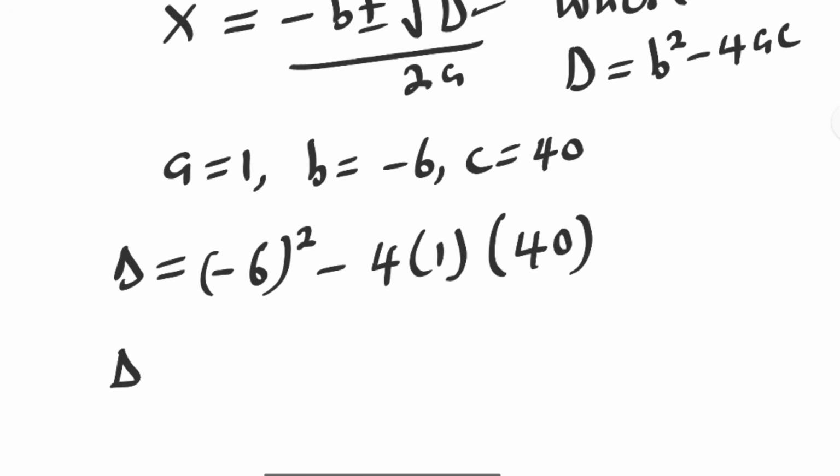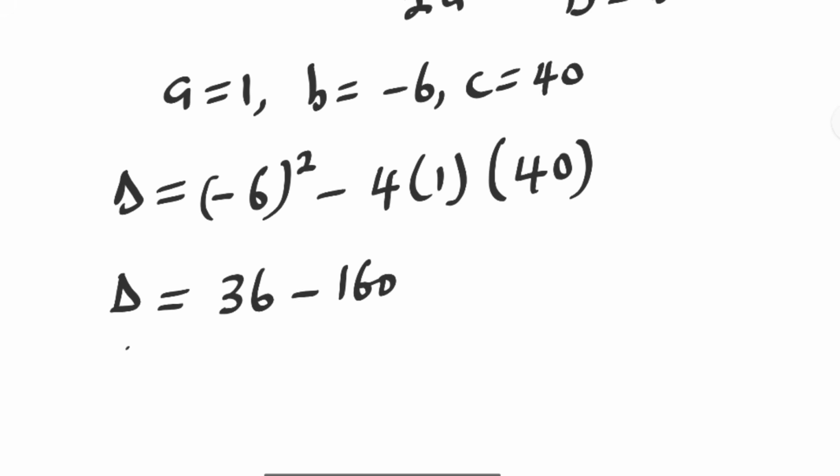Then d is equal to 36 minus 4 multiplied by 1 multiplied by 40. That is 160. d is equal to 36 minus 160. That is minus 124.